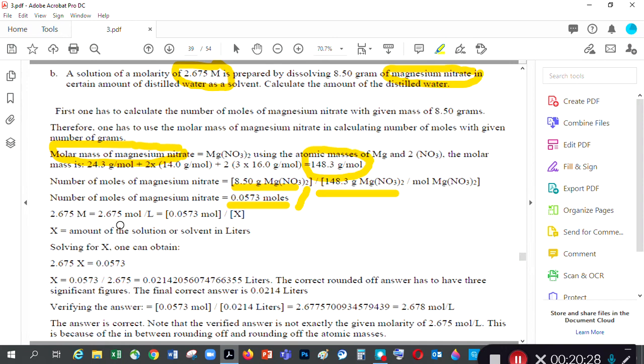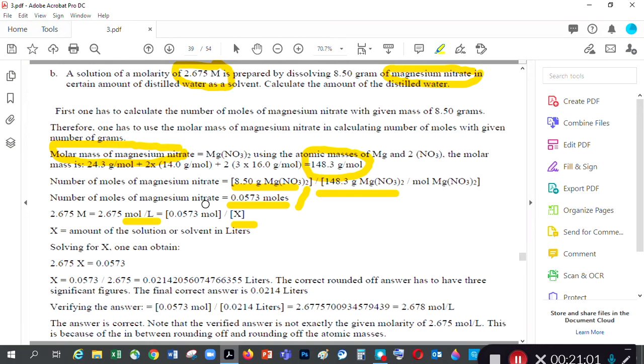So what you will do here, you will take the moles you have calculated and divide it by x. Here x is your liter, but here is 2.675 mole per liter. The easiest way is to take your moles and divide by the molarity to get the amount of liters.